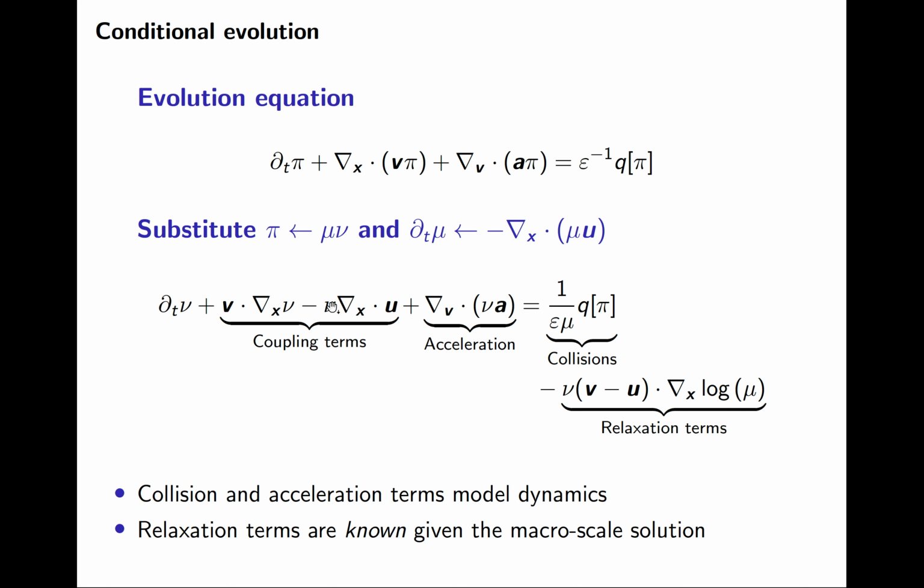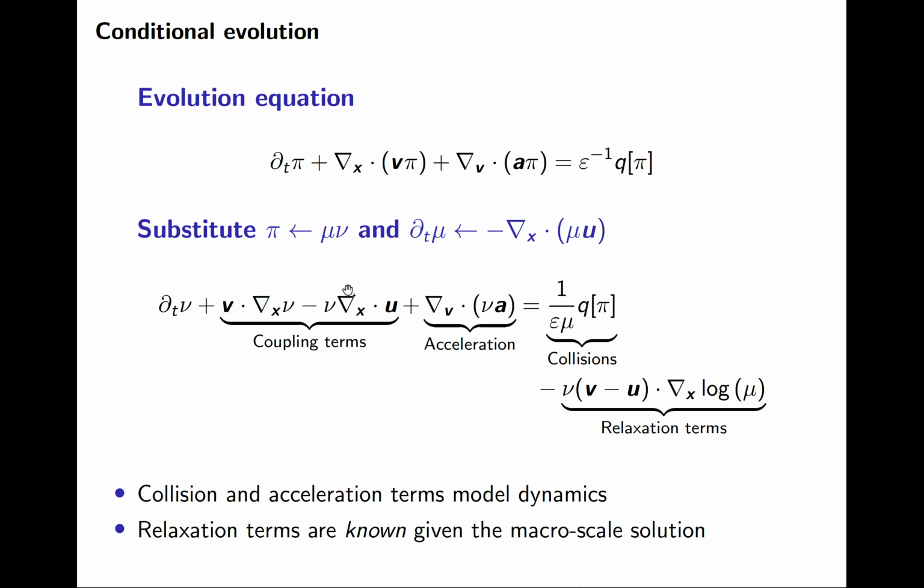So this term here is basically the compressibility of the macro scale expected velocity field. So if this divergence were non-zero, then at that point x, you have mass either entering or leaving the domain because of the convergence or the divergence of the expected velocity field, and that needs to be accounted for in this conditional density. And similarly, this is just an advection around the spatial domain at a specific velocity coordinate v.